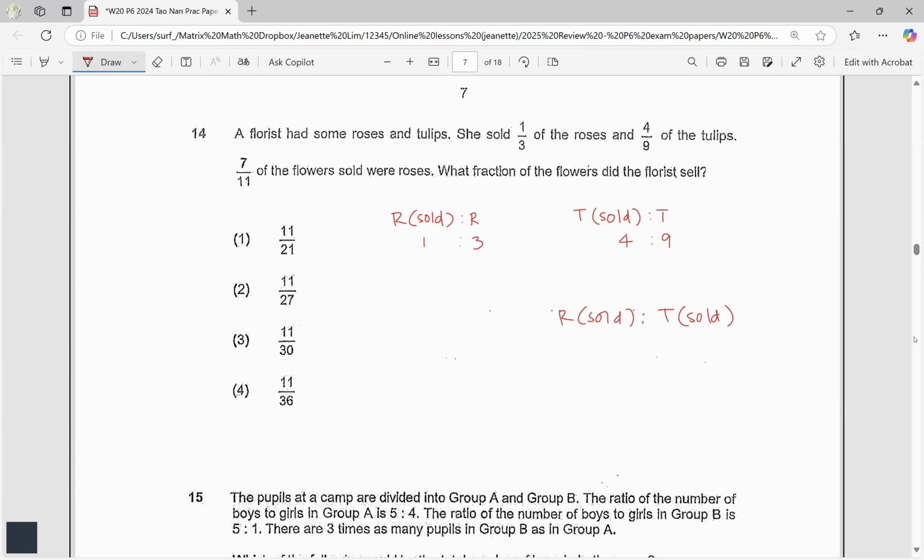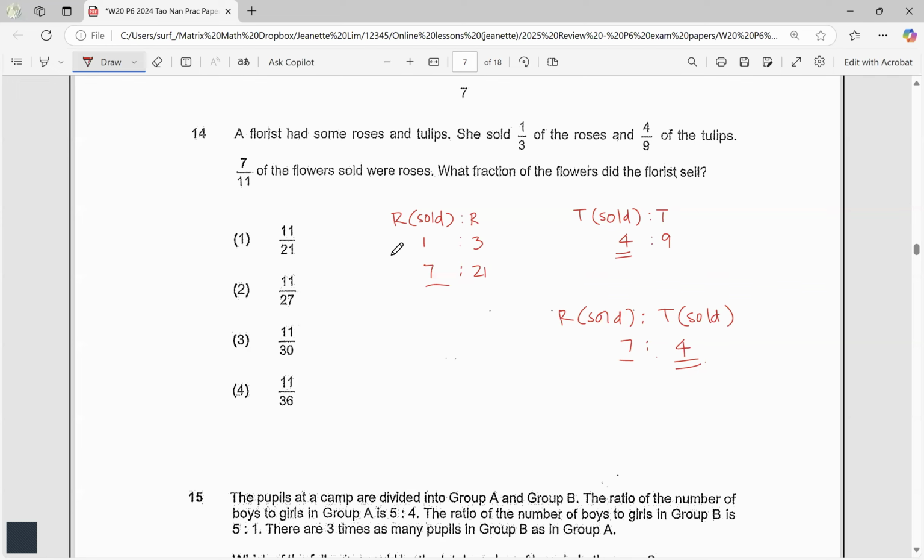So that's how I get 7 to 4. Now compare common base. I have roses sold here, and I also have roses sold here. So I have to change this to 7, so times 7. And the tulips sold is already the same number of units.